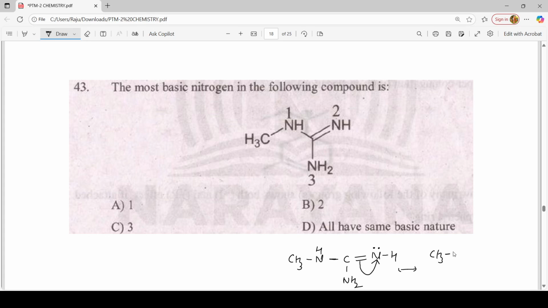So here this nitrogen is getting an extra electron pair. So the second nitrogen atom, which has more electron density, acts as a strong base. So the basic character is high for the second nitrogen atom which is represented in the question.